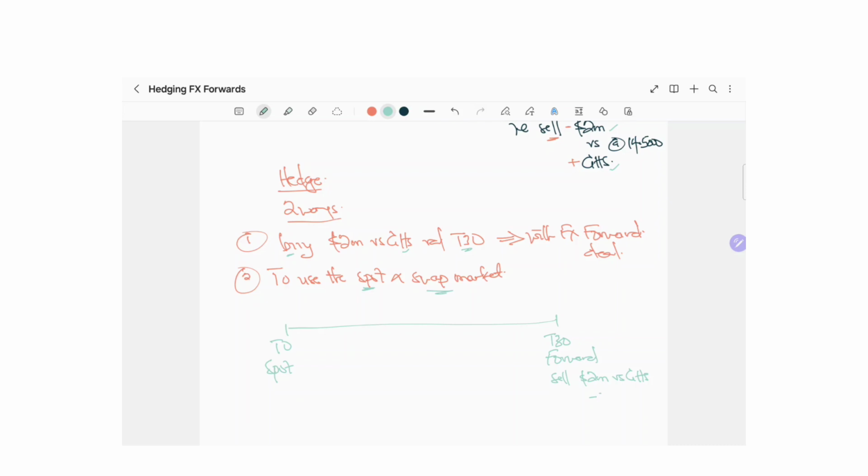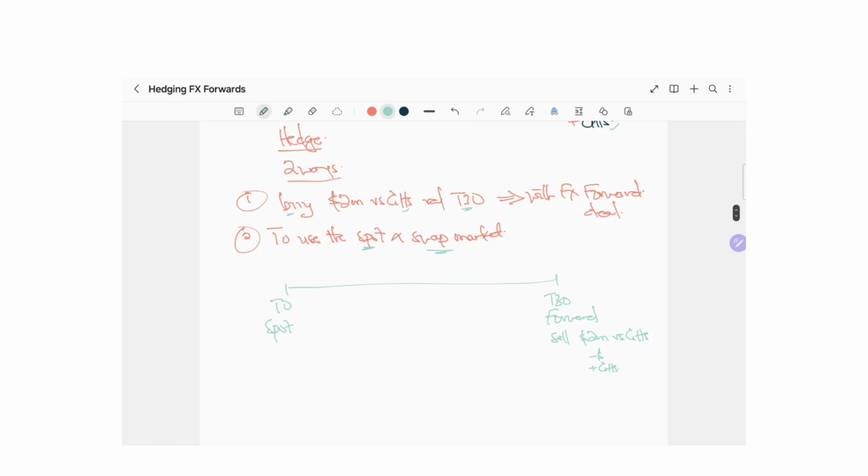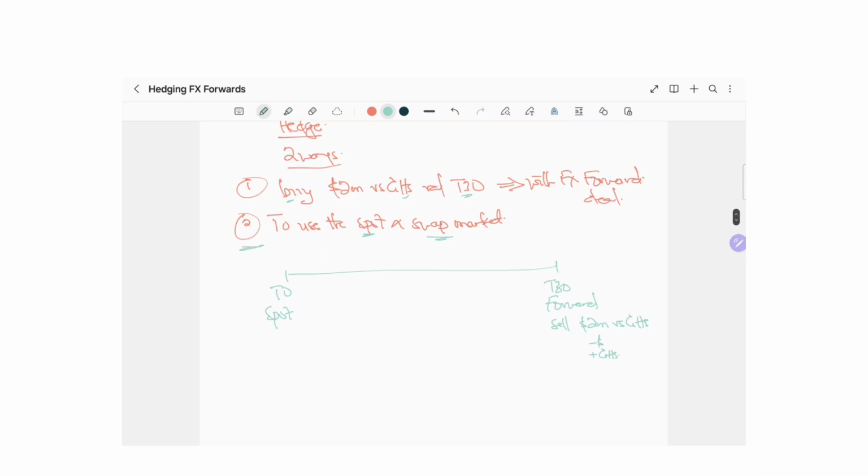So here we are losing dollars, we are receiving GHS. Now if you want to use the second method, after executing this deal, the first thing you have to do is to hedge the currency exposure.